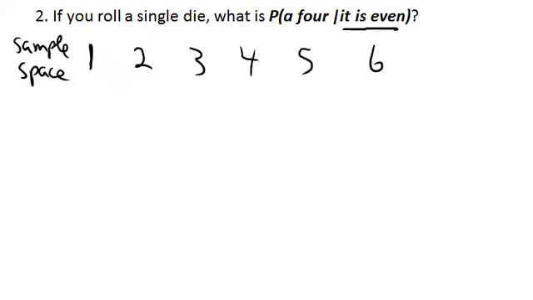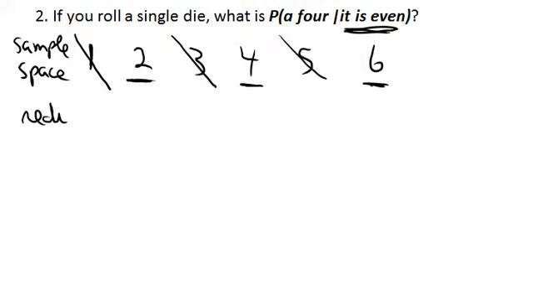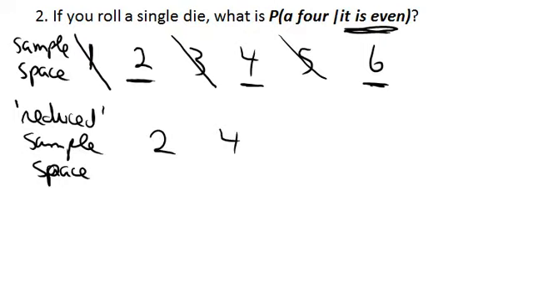But if we're given that the roll was even, that knocks out all of the odd possibilities, leaving us only the evens. So the reduced sample space consists of just 2, 4, and 6.